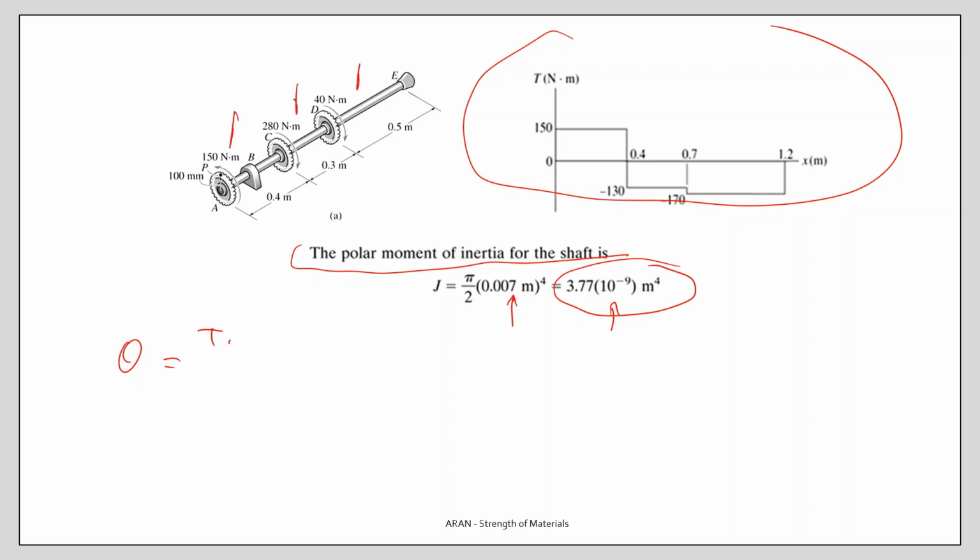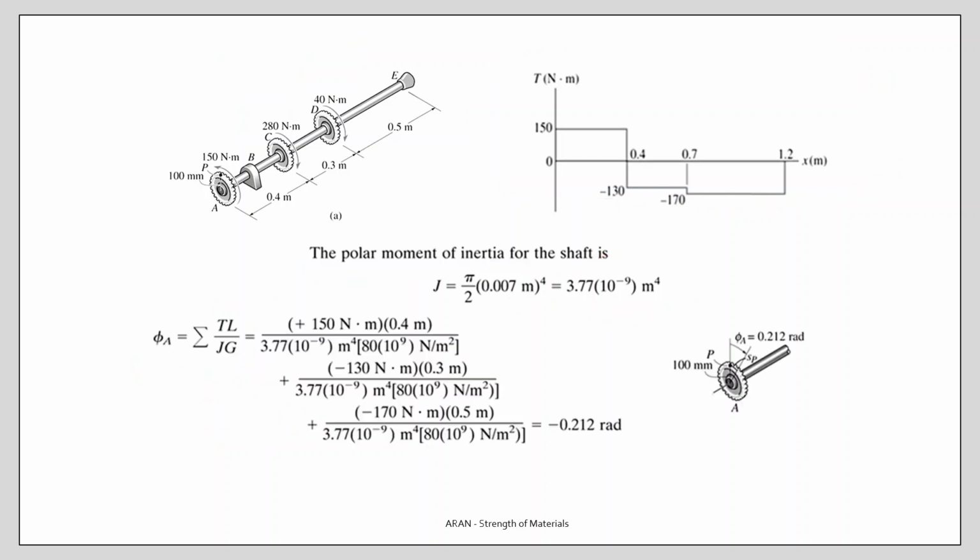We remember the formula. It looks like this. This value and this value are the same for all three regions. Only torques and the lengths are different. So we have to calculate the thetas and add them together. So this is how we do it.